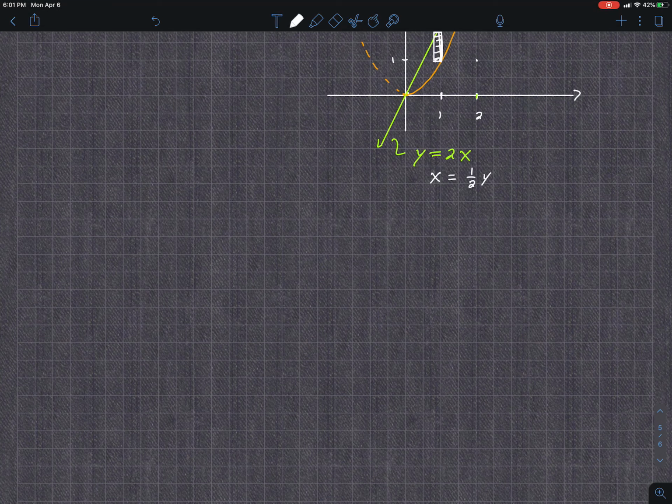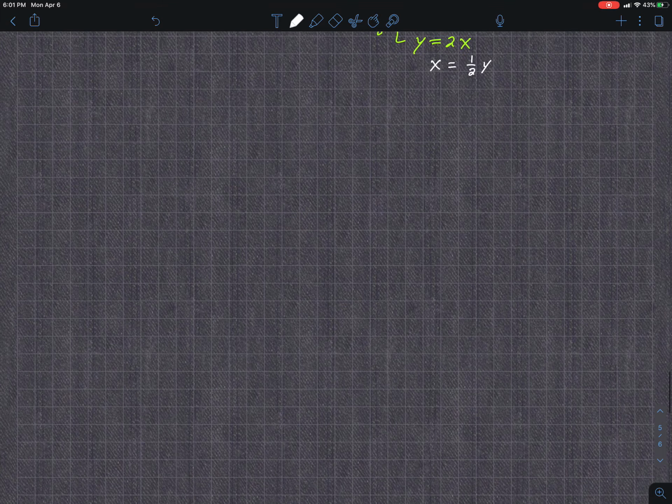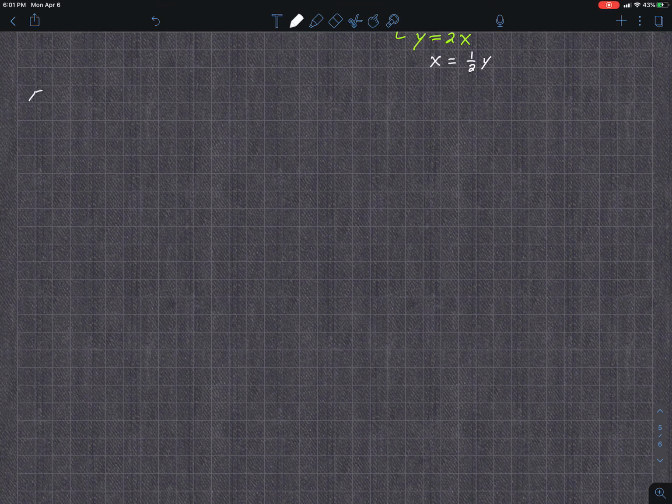Now let's look at another example where changing the limits might be necessary. Maybe you can do it otherwise, but it basically simplifies the integration. So let's look at this.